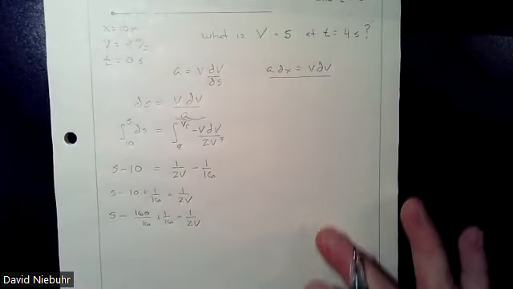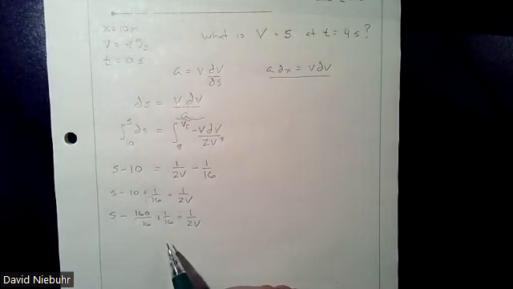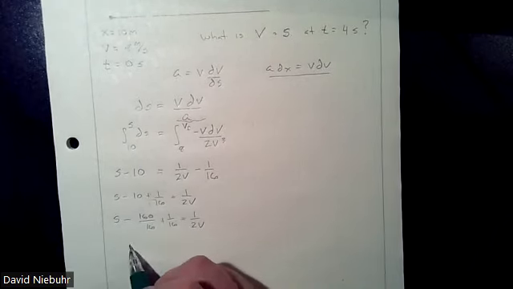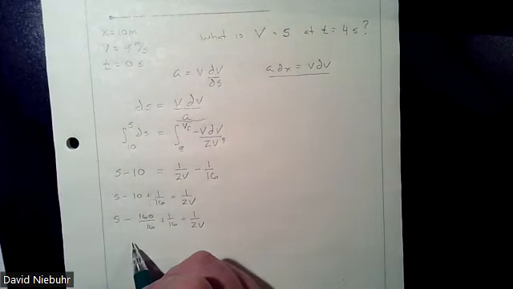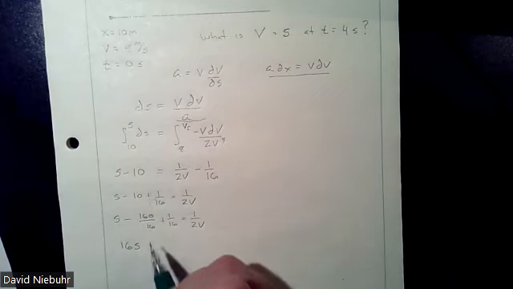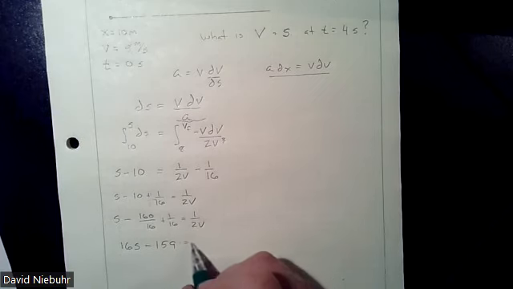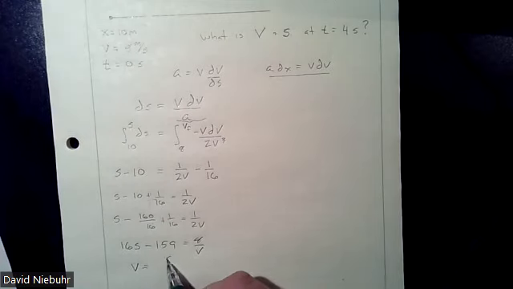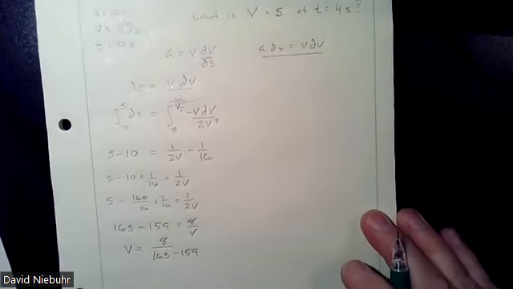Finally, if I combine those and multiply both sides, I end up with 16s minus 159 equals 8 over v, or finally v equals 8 over 16s minus 159. Now, of course, we're not done yet.